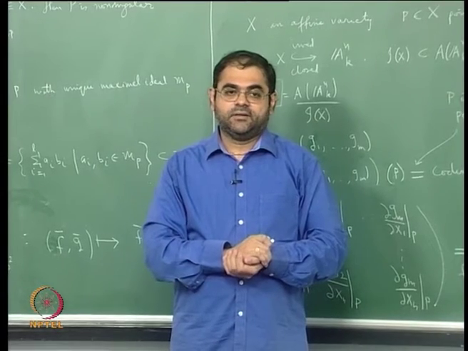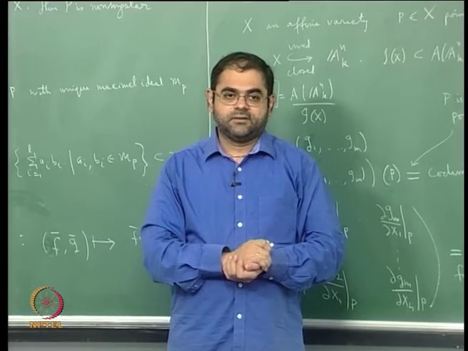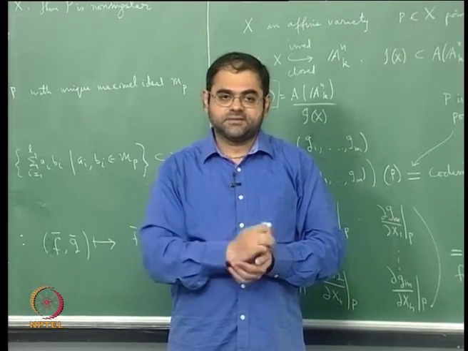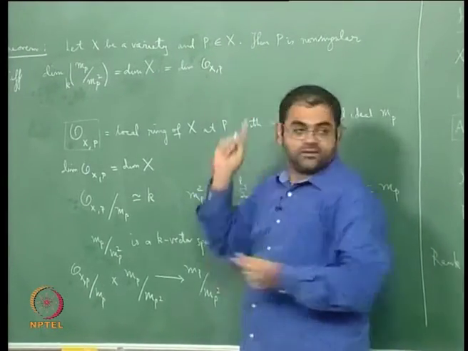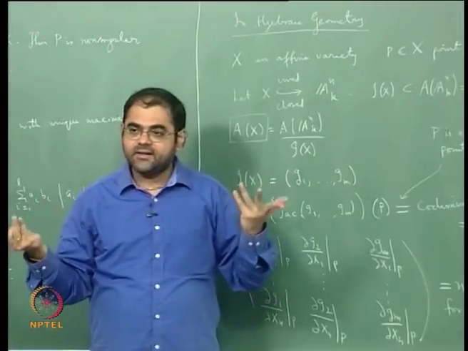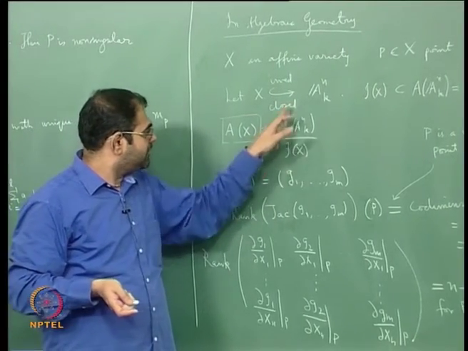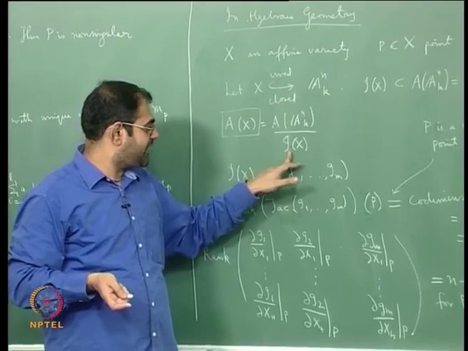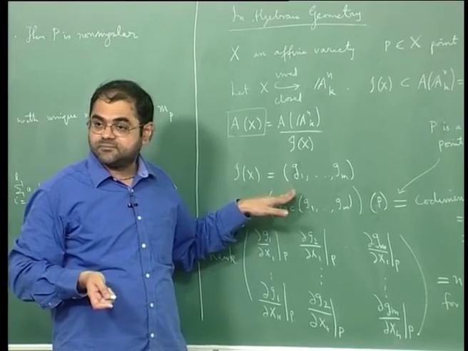No matter how you embed your variety, the local ring is an invariant, and therefore this theorem tells you that the non-singularity that you have defined here does not depend on this embedding, which dictates this ideal, or on the ambiguity of what generators you have chosen for this ideal.